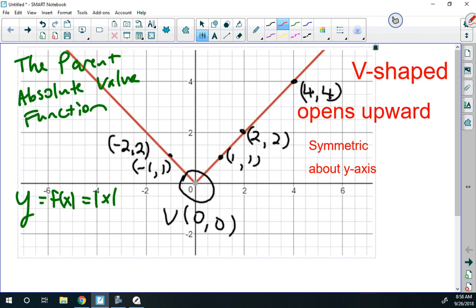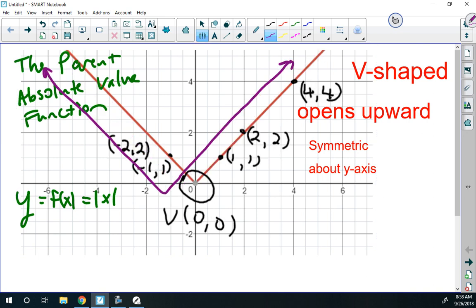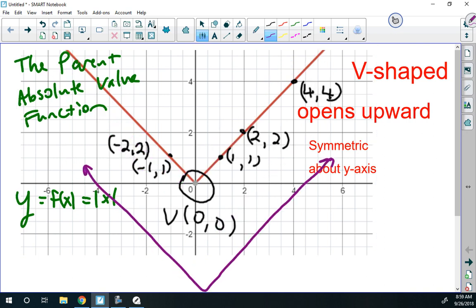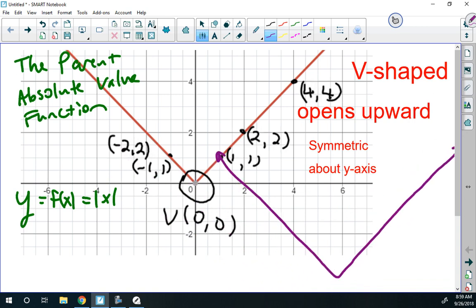The cool thing is I can trace over that graph. Let me add a little jagged edge to this left side, so you can tell the difference between the two.